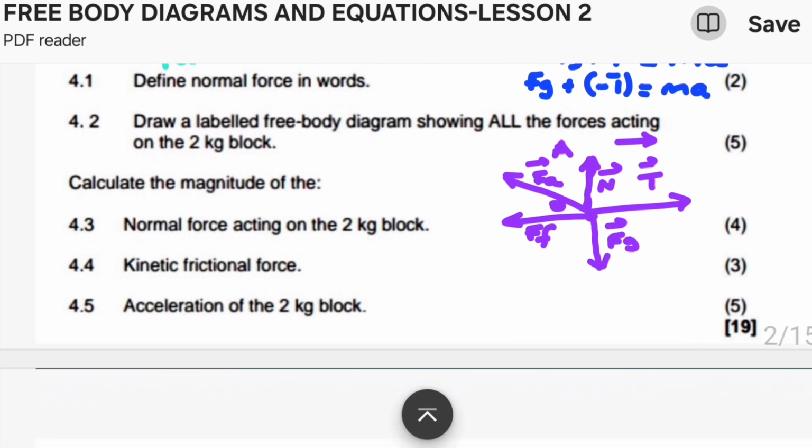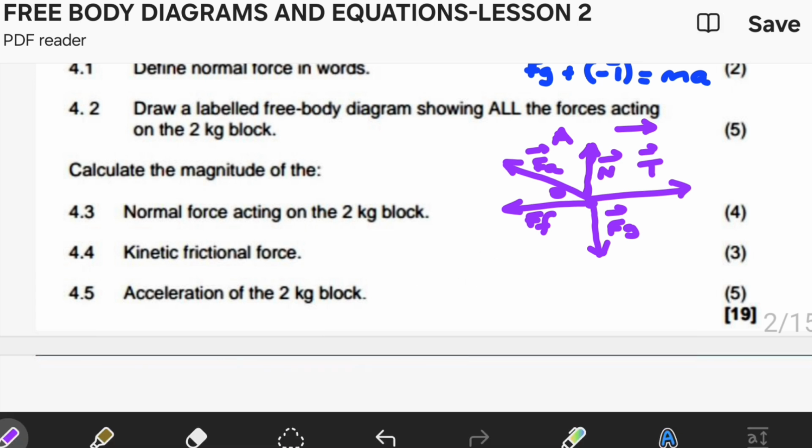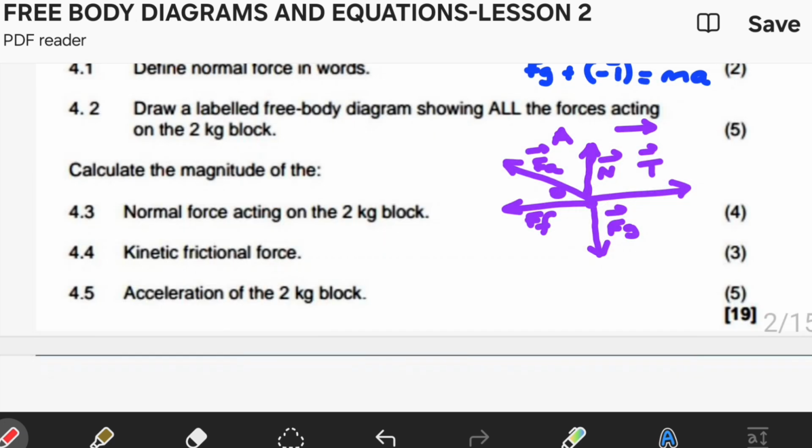Now, how do we formulate the equation of motion using this? Let's see all the forces that we are going to have and how it is going to play out. What do we know beforehand? We know that F net is equal to mass times acceleration. But here, how many forces are acting parallel to the plane?